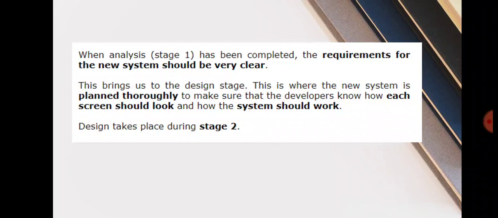Now you know that analysis is a process where you collect the data, interpret the facts, identify the problems, and decompose the system into different components. So we can say that analysis specifies what the system should do.